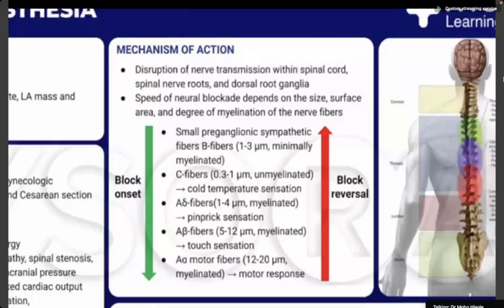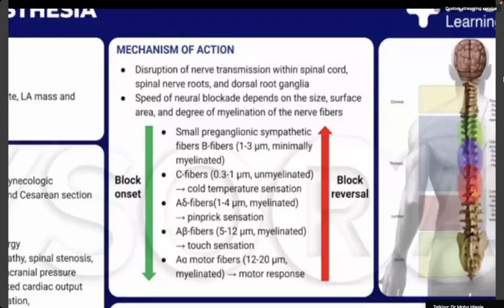The green arrow is coming down. So you need to note that even though you're giving spinal anesthesia or epidural anesthesia, your nerves will not be blocked at the same time. The reason is they all have different sizes, and some of them are myelinated, some of them are not.